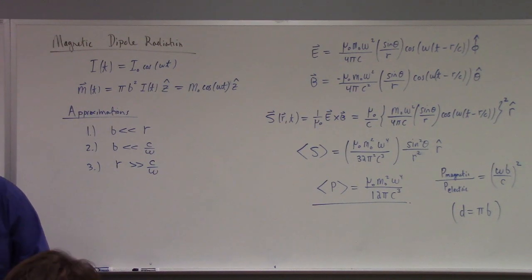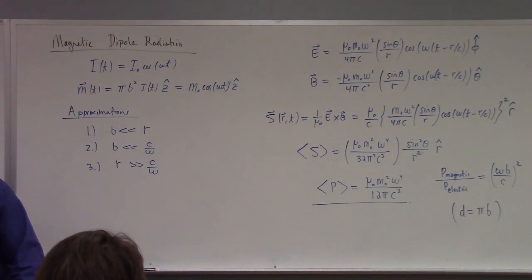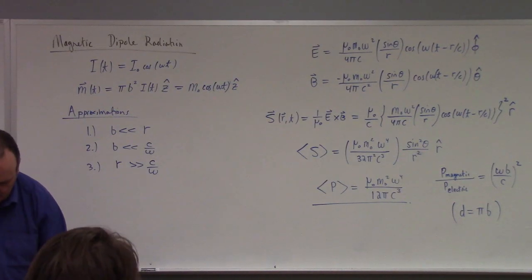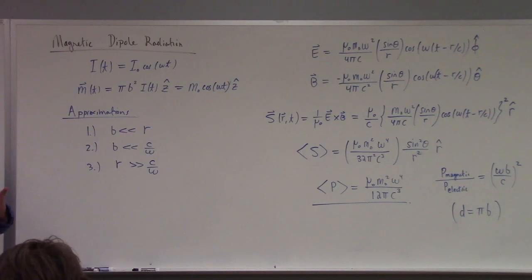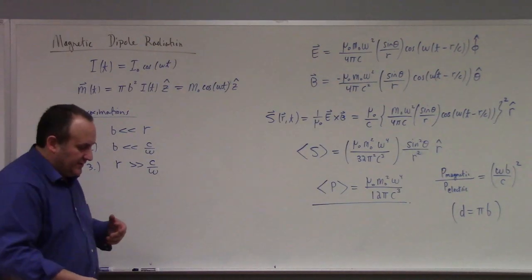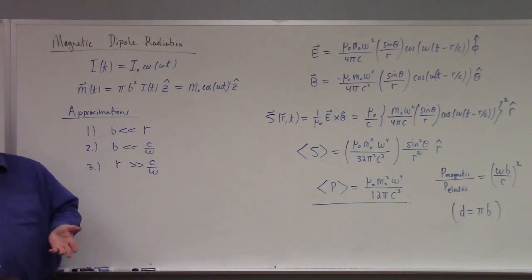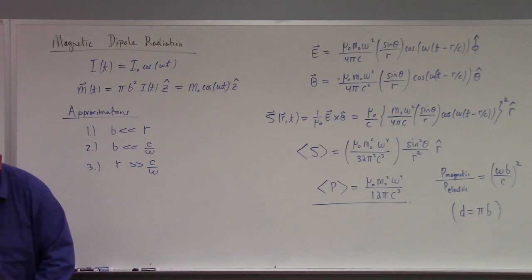So next he talks about radiation from an arbitrary source. There he's thinking about, rather than just a single magnetic or a single electric dipole, what if you've got a collection of charges, and they're radiating?